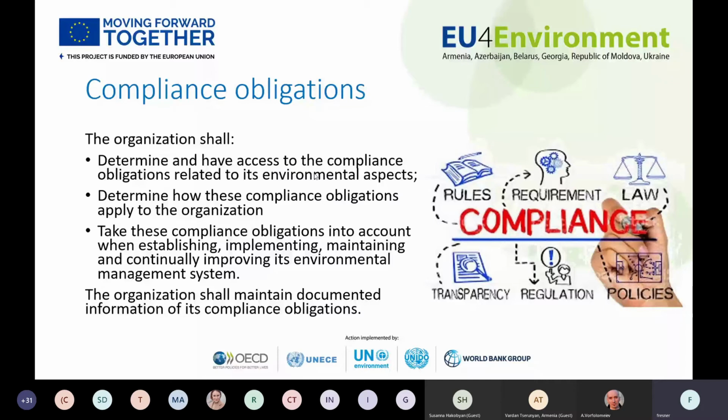So if in your permit it says you need to check your steam boiler once a year regarding emissions, and you have to produce a certificate from a recognized laboratory, you have to check by the end of the year whether you complied with this requirement, whether you have obtained the certificate, and whether you are meeting the emission standards you are required to.